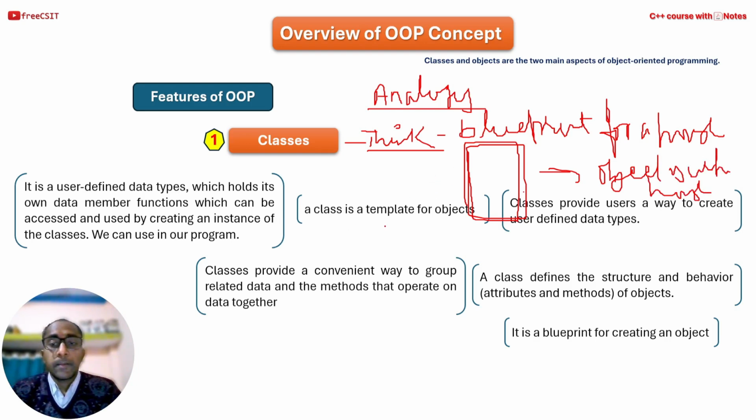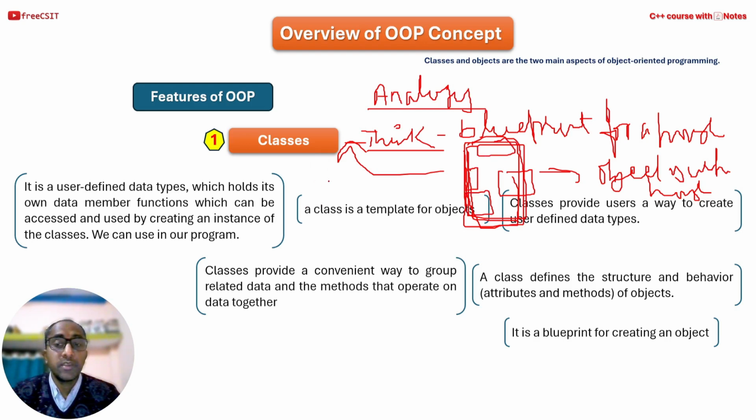From that blueprint, the blueprint defines what features the house should have, just like a door, a window, a room.